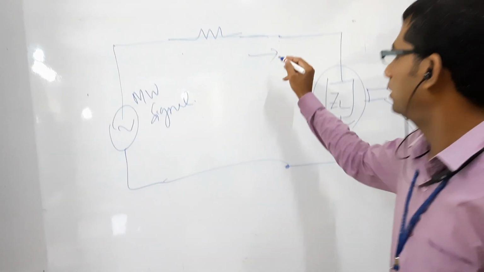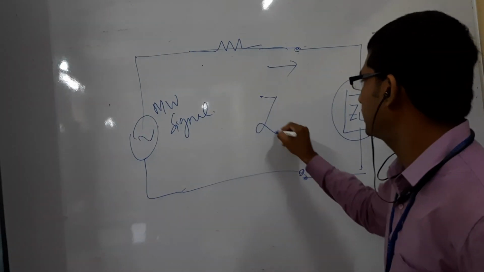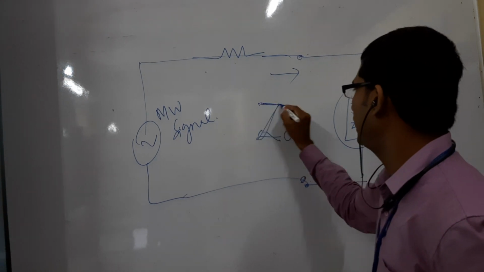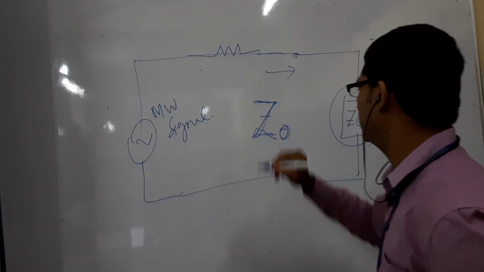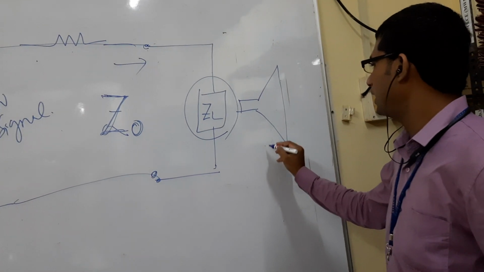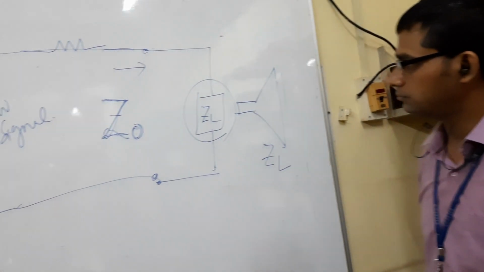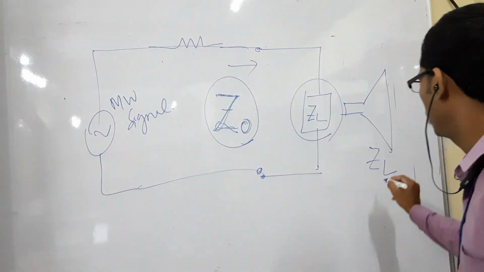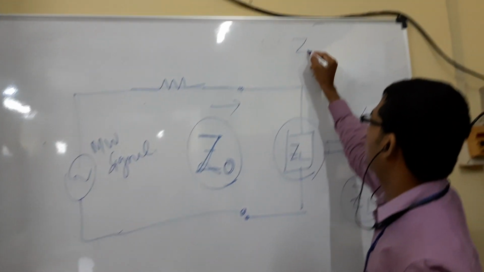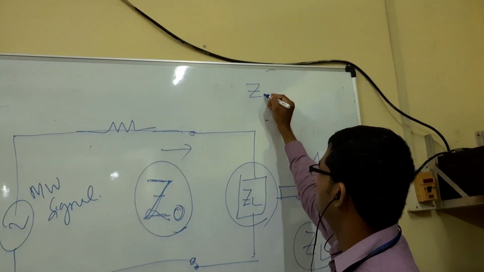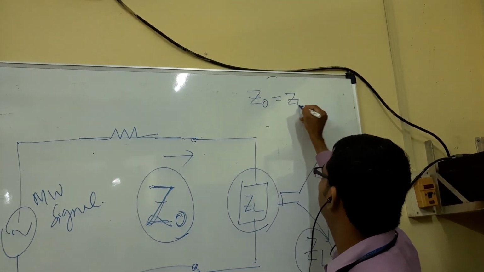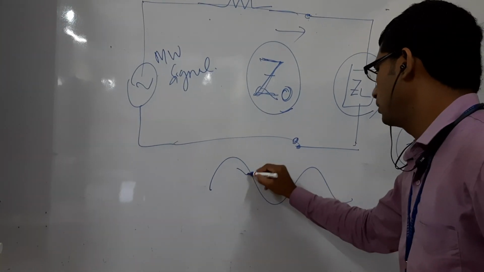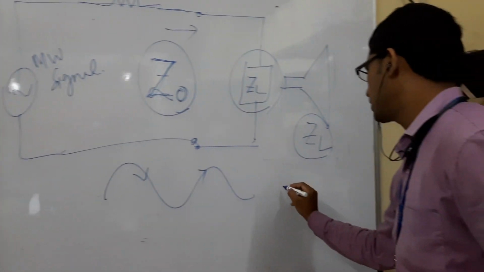So let us say the transmission line has characteristic impedance Z0, and let us say the antenna has the load ZL. For maximum power transfer, the Z0 should be equal to ZL. For perfect matching, your Z0 should be equal to ZL, so that whatever the incident wave we are sending will be transmitted by the antenna.